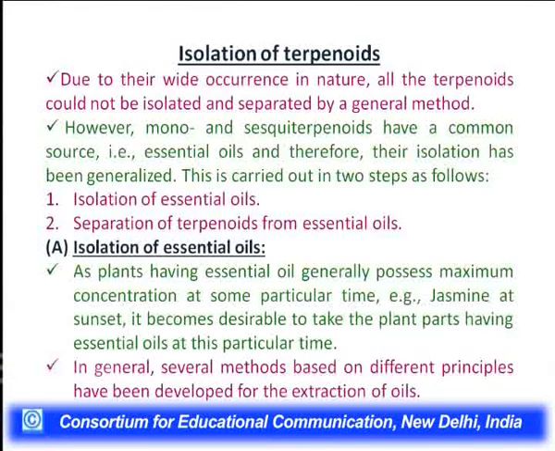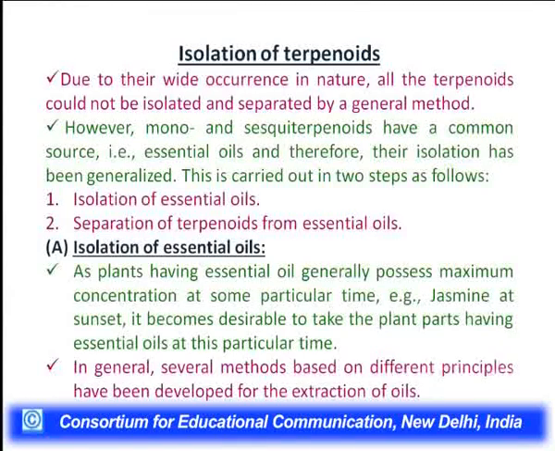However, the mono- and sesquiterpenoids have a common source, that is the essential oils, and therefore their isolation has been generalized. This is carried out in 2 steps as follows. First, we will isolate the essential oils from the natural sources. Then there will be a separation of terpenoids from these essential oils. So first we will discuss the isolation of essential oils.